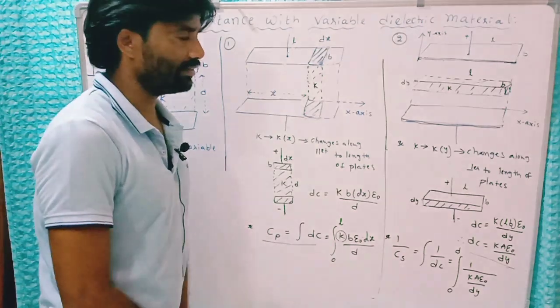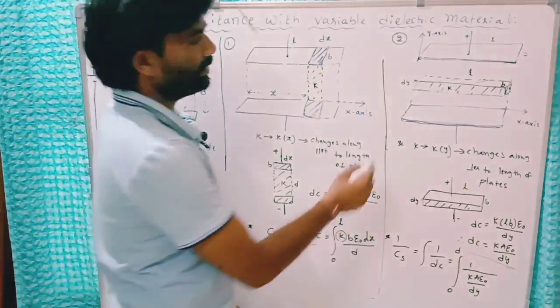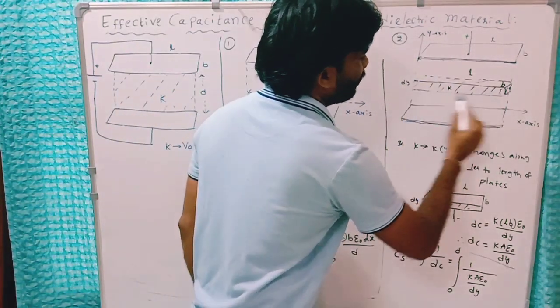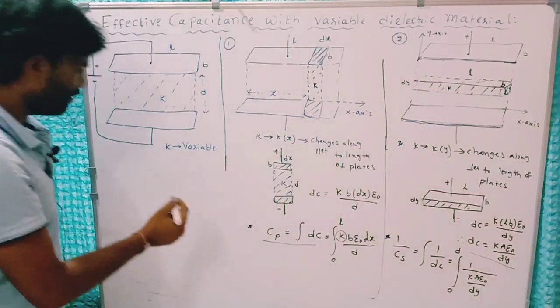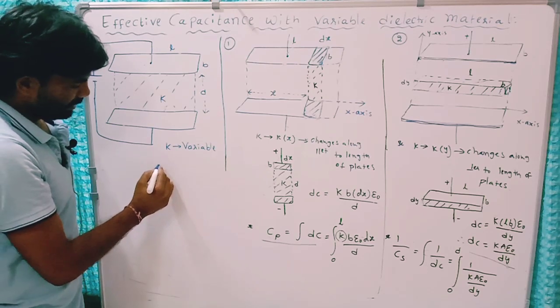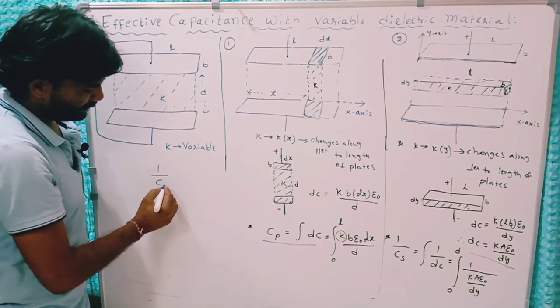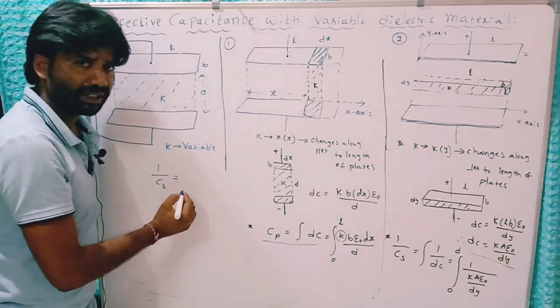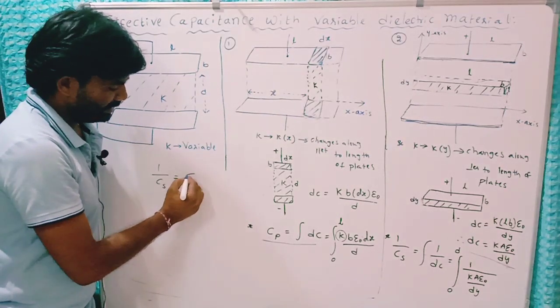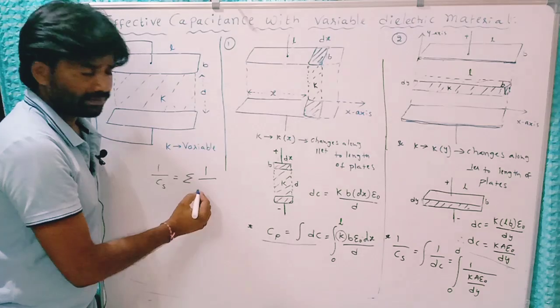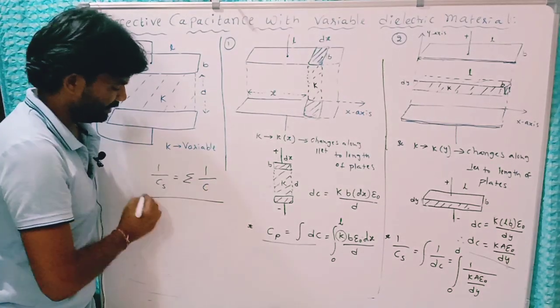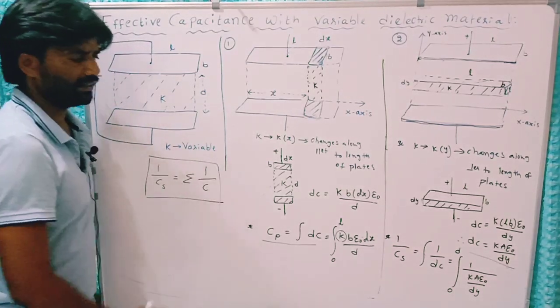Now for the effective capacitance, when we divide this capacitor into many elements, all the elements look like they are in series. In series combination, we know that the reciprocal of the effective capacitance of a series combination of many capacitors is the sum of the reciprocals of the individual capacitors. This is the formula for series combination.